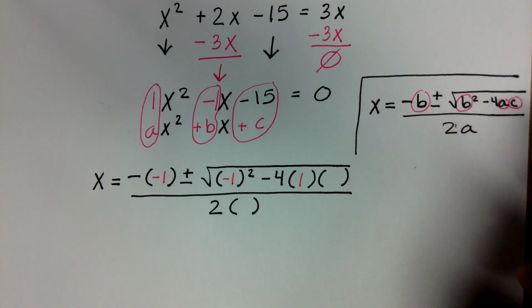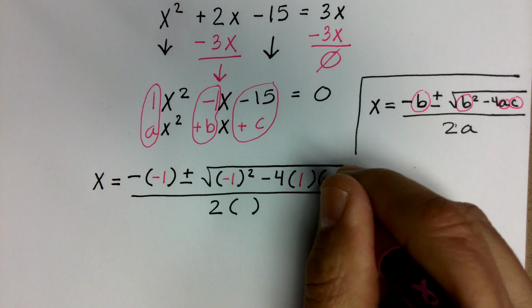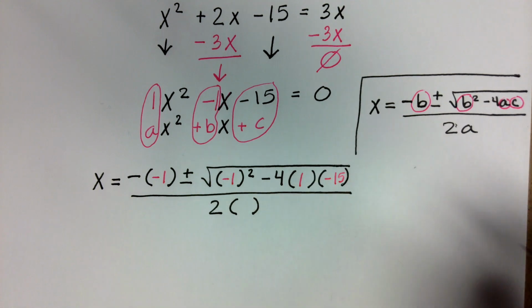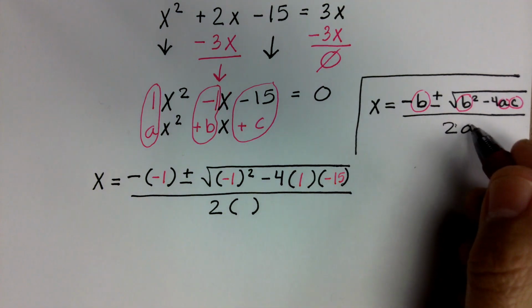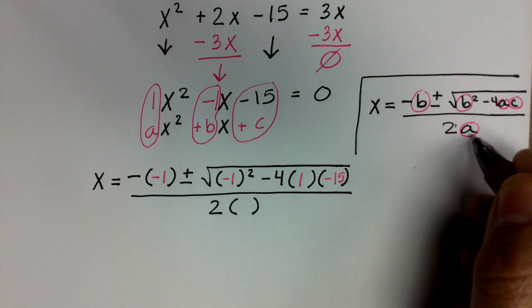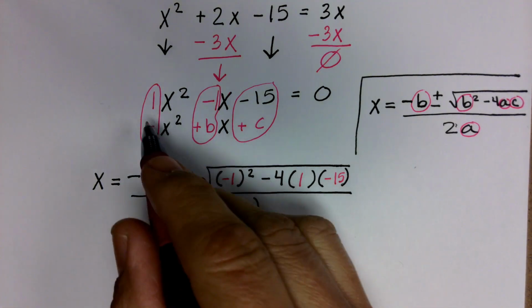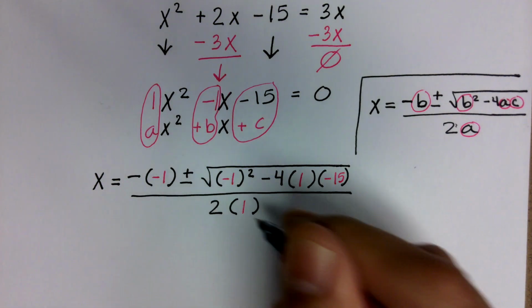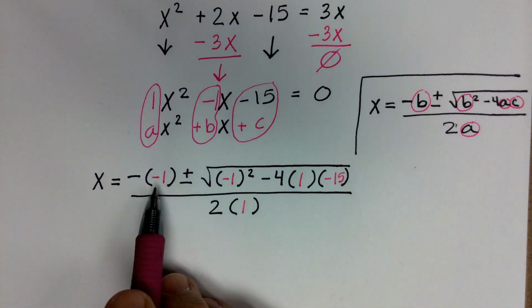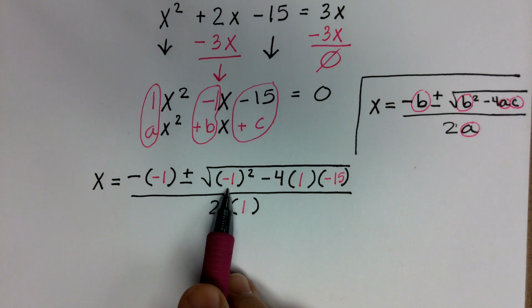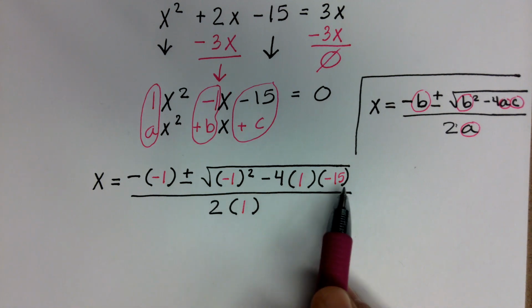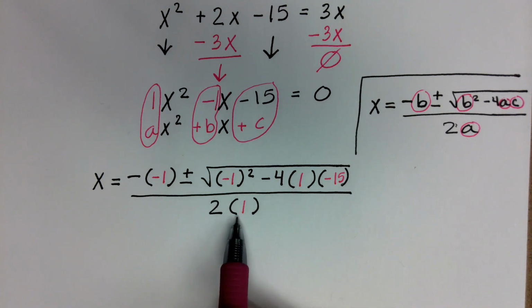And then our c value is negative 15, so we'll put a negative 15 in place of c. Finally, we're going to replace the a variable on the denominator, and our a value is 1, so we're going to put a 1 right there. So notice we have our b value again, our a value, our c value, and our a value. And now we're ready to move to the next step.